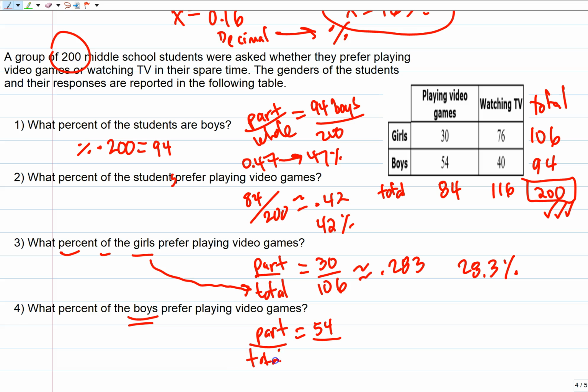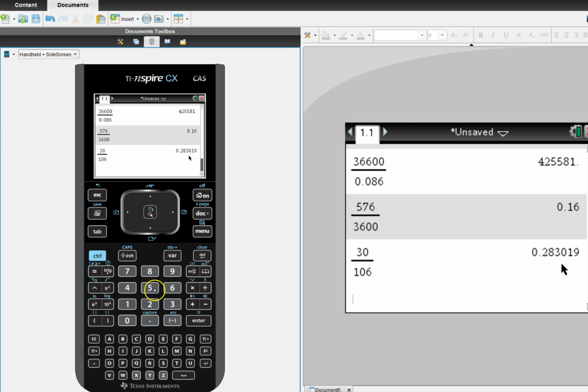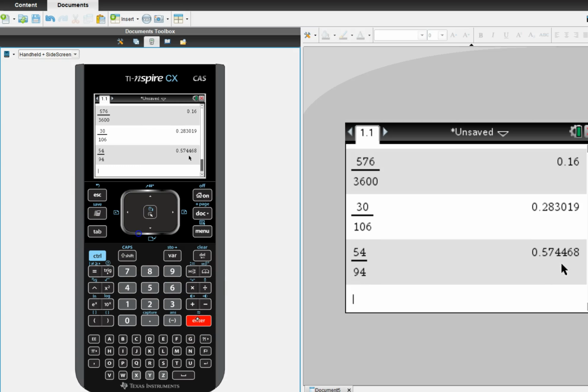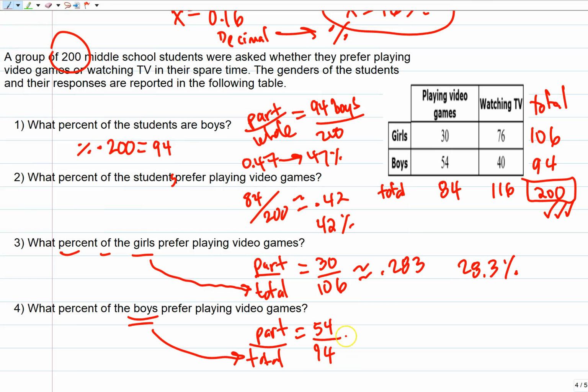So the total boys would be 94. 54 out of 94. .574. Or 57.4%. So what does this say?